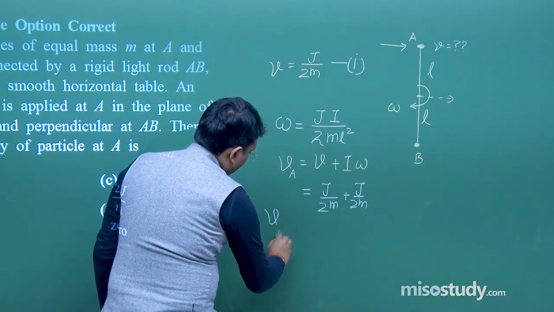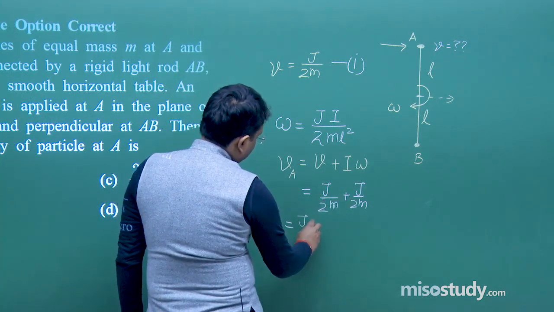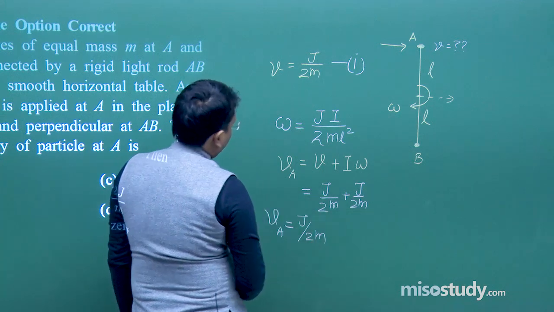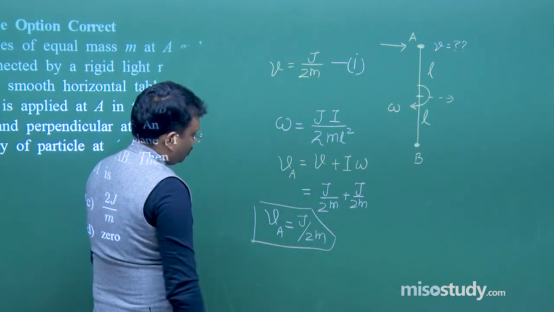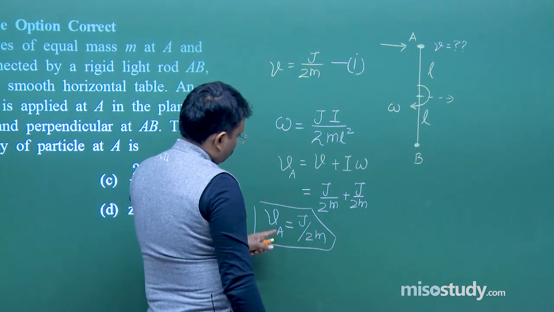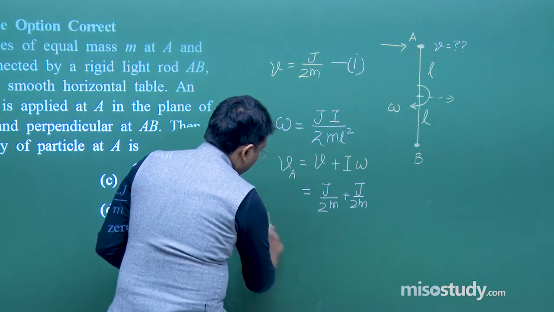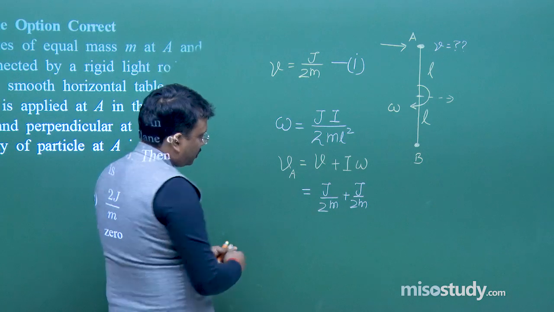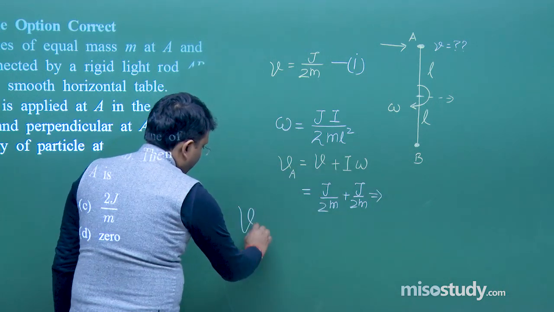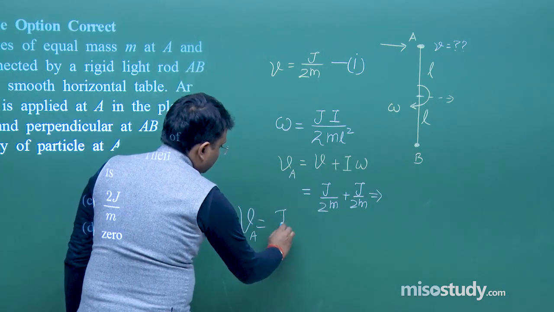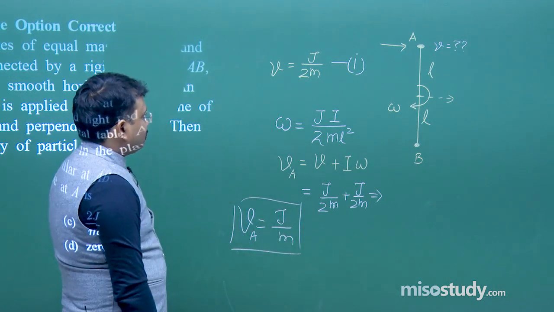You will get VA is equal to 2J upon 2m, that is J by 2m. Fine. So, the 2 is going to be cancelled. It is 2 into 2, so 2 is going to be cancelled. This implies that VA is equal to J by m. Yeah, that is fine.